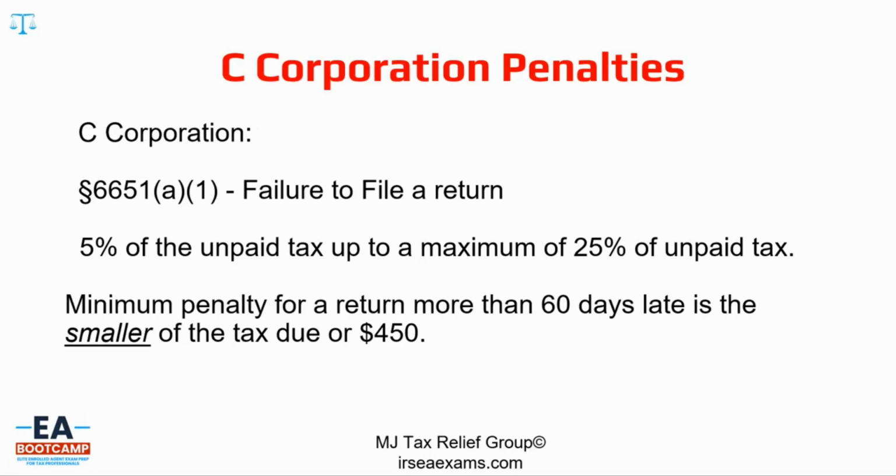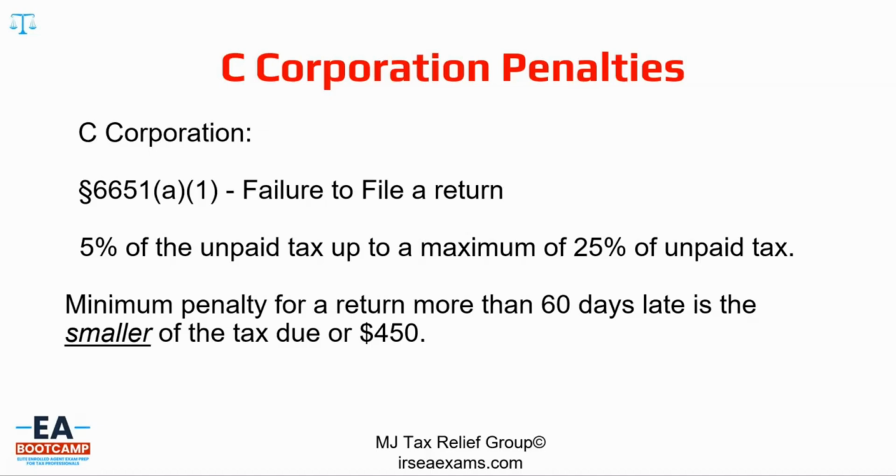So the 6651A1 failure to file a return is 5% of the unpaid tax up to a maximum of 25% of the unpaid tax. The minimum penalty for a return more than 60 days late is the smaller of the tax due, or $450. And so we had a question in the group about this particular thing.